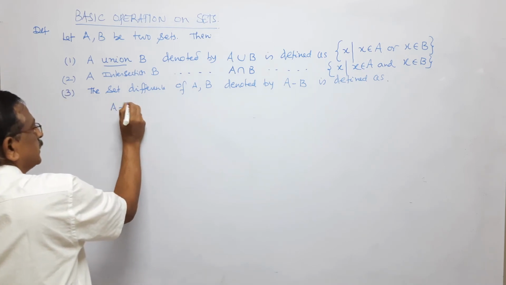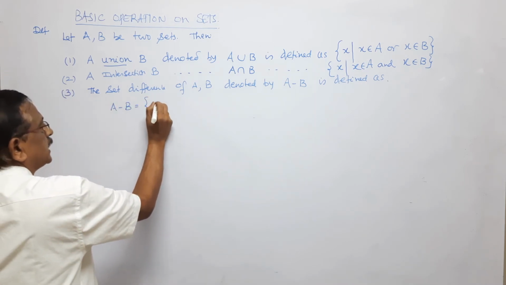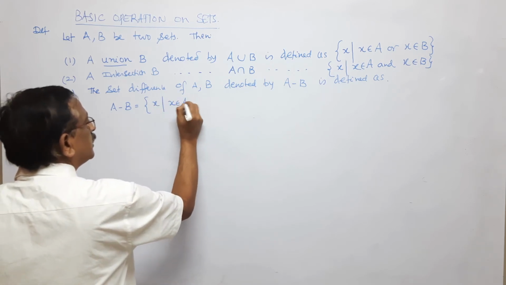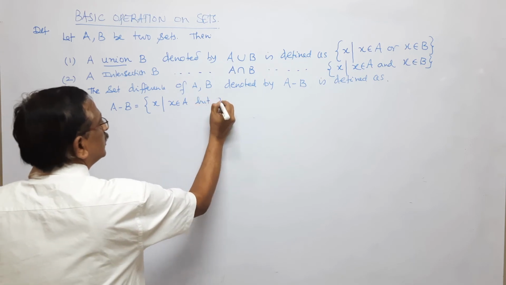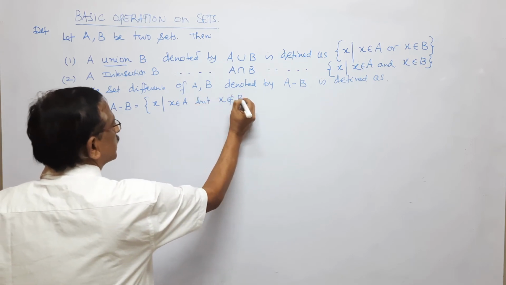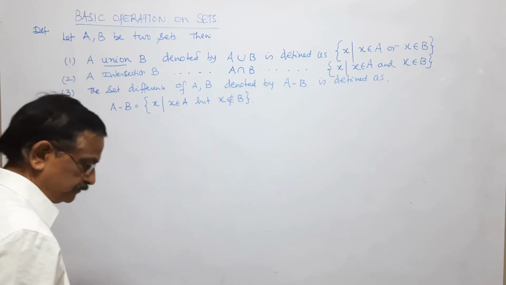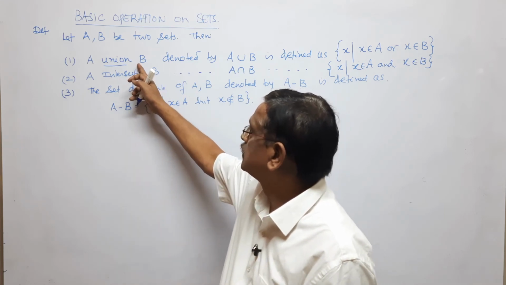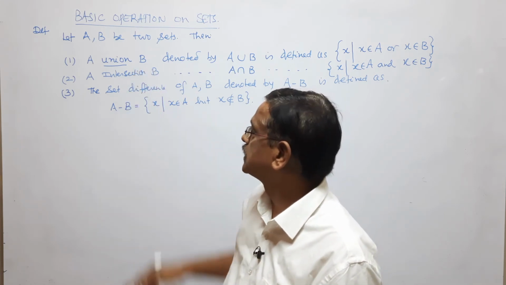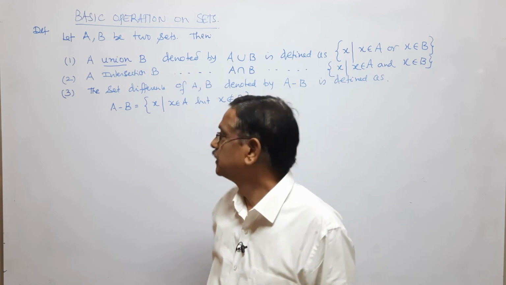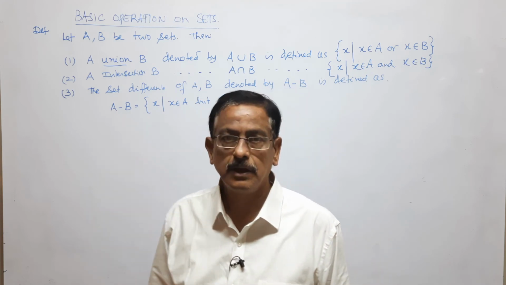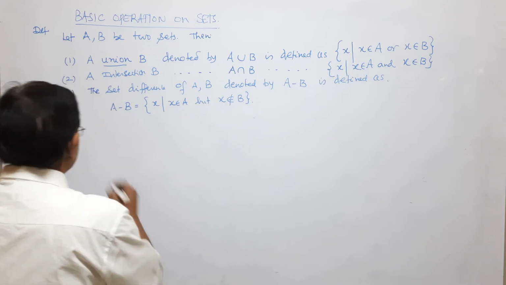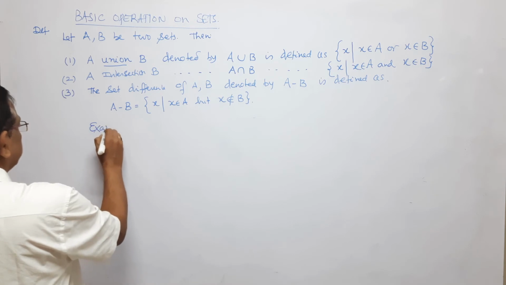A minus B contains those elements x such that x is in A but x is not in B. Now we have a union of two sets, intersection of two sets, difference of two sets. This is called set difference. So these three we will see by illustrating an example.